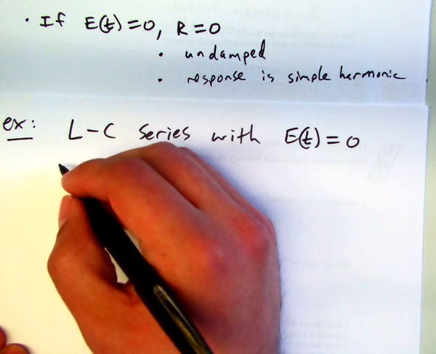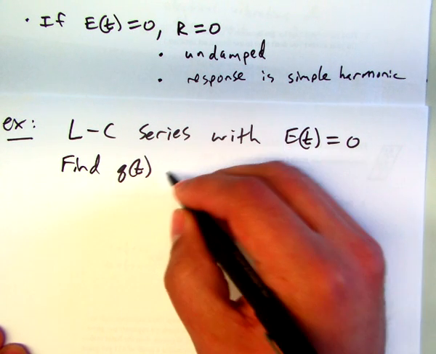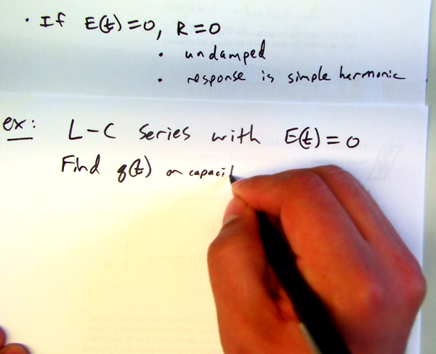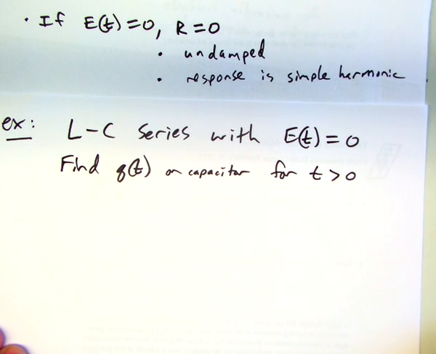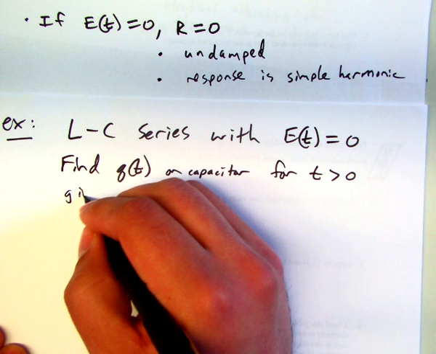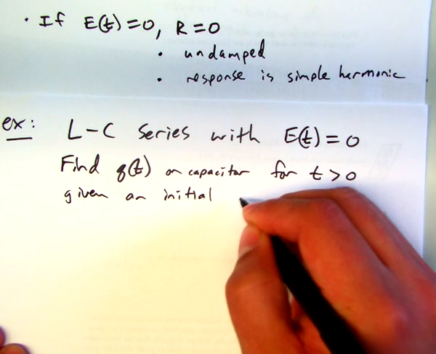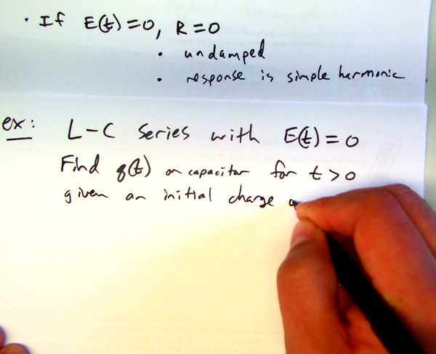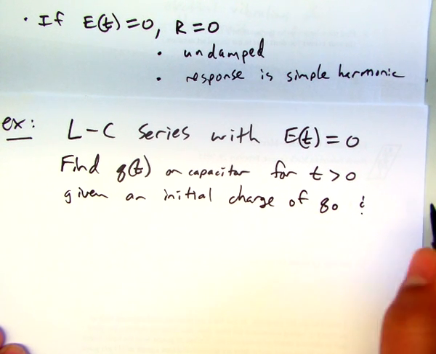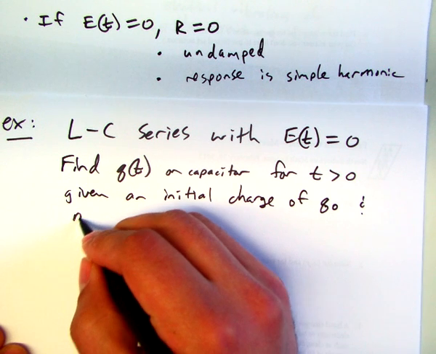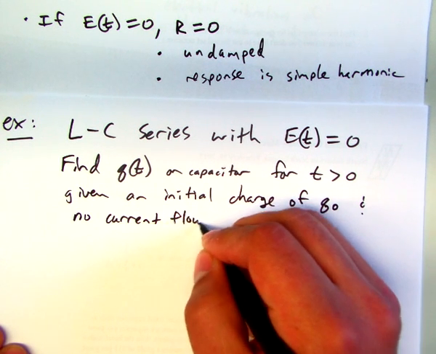We want to find the charge on the capacitor for time greater than 0, given an initial charge of Q naught and no current flowing initially.